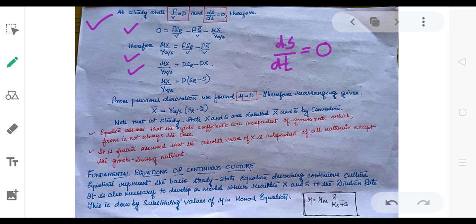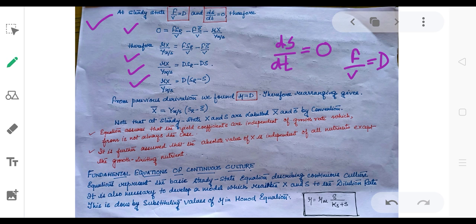Now you substitute F/V is equal to D. So you just put D over there. So μx/Yx/s is equal to D·SR minus D·S. You take D as common and you get D(SR minus S).